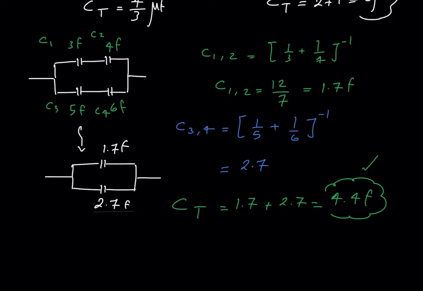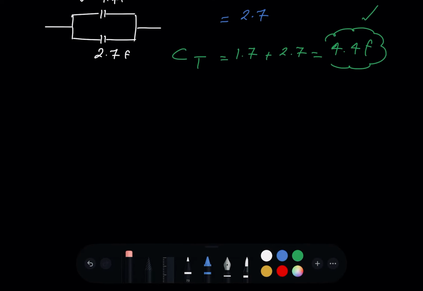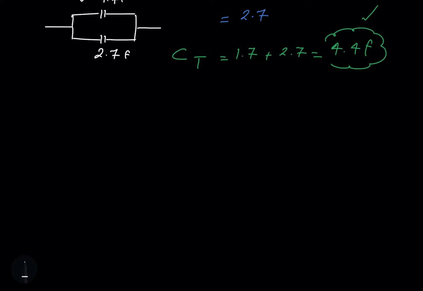Now let's go ahead and take a look at another example. Let's say, for example, we have this configuration. We have point A here, and then the circuit gets separated into the following capacitors.